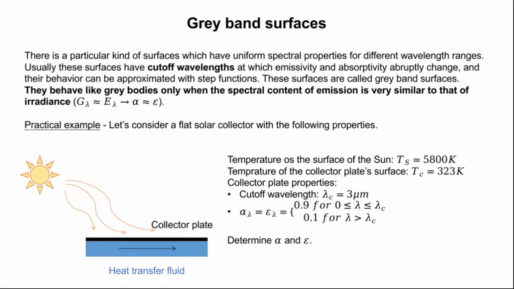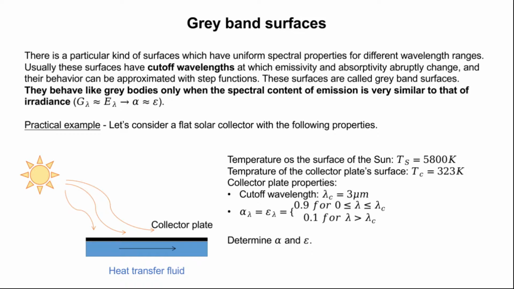There is a particular kind of surfaces, which have uniform spectral properties for different wavelength ranges. Usually these surfaces have cutoff wavelengths at which emissivity and absorptivity abruptly change, and their behavior can be approximated with step functions. These surfaces are called gray band surfaces. They behave like gray bodies only when the spectral content of emission is very similar to that of irradiance.